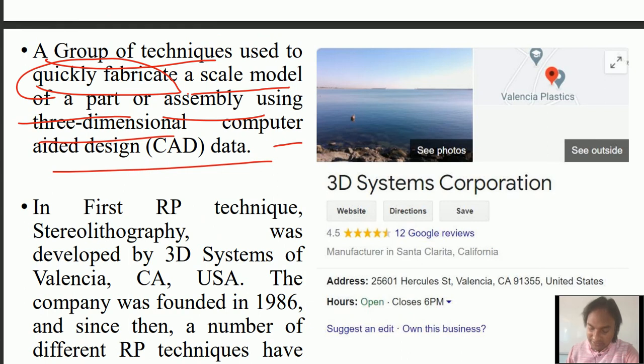Here, a group of techniques means there are various ways to make the part. Then, quickly fabricate: it means we can make the part quickly.